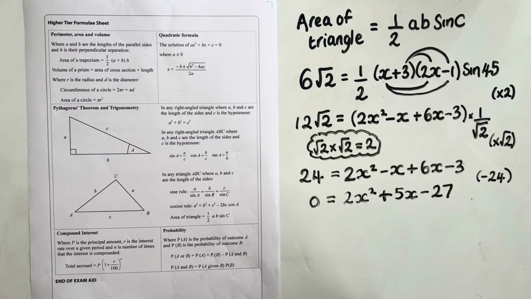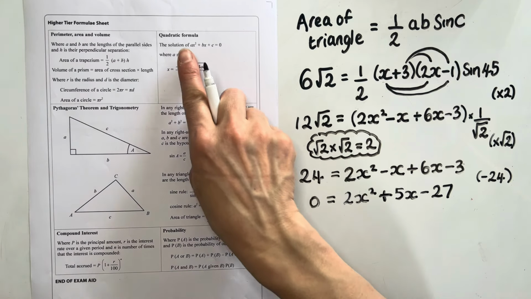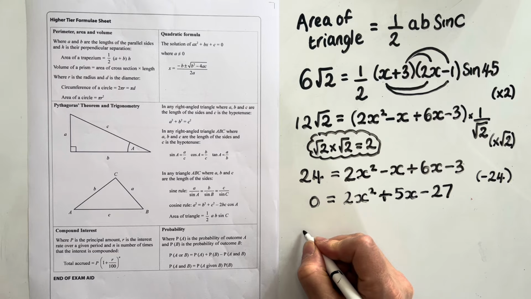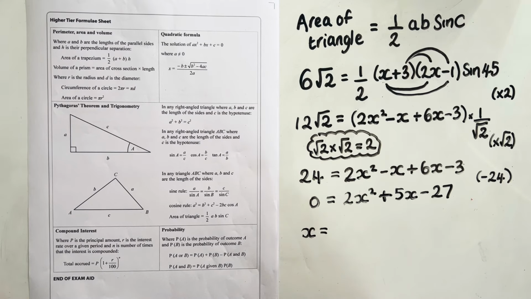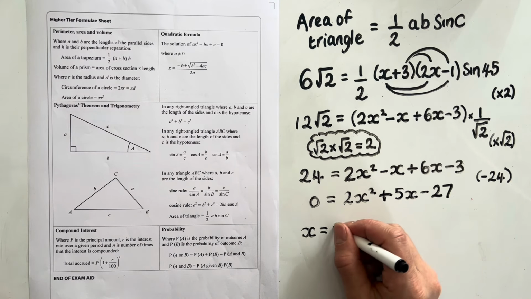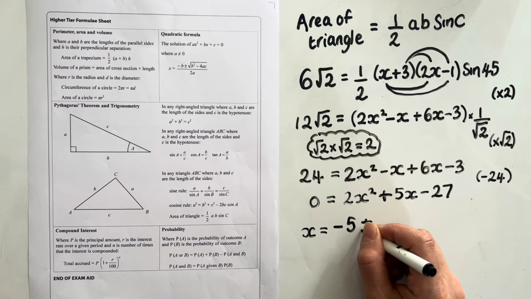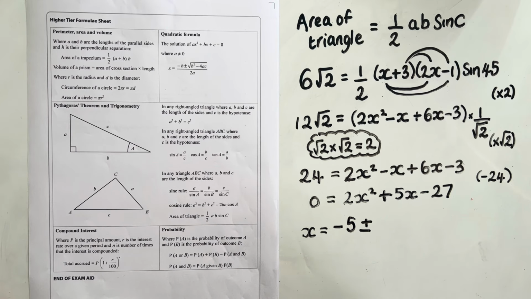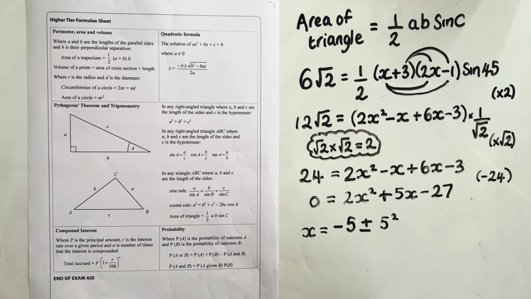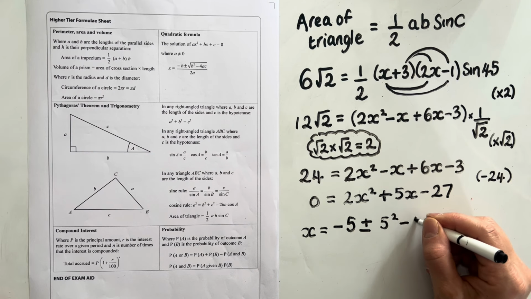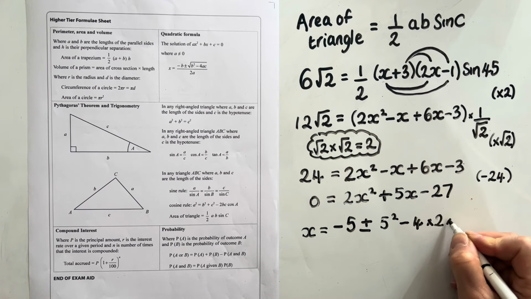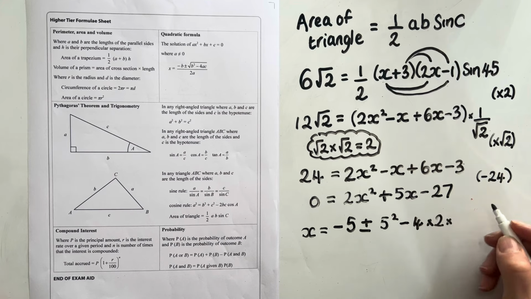We can use the formula sheet to help us here by using the quadratic formula to solve for x. So here we have x is equal to negative b, our b is 5, so negative 5 plus or minus the square root of b squared, so b was 5, so we've got 5 squared, take away 4 times a, which is 2, times c, which is negative 27.